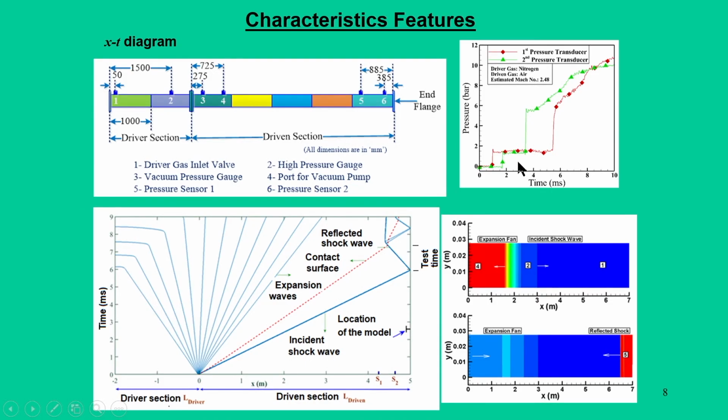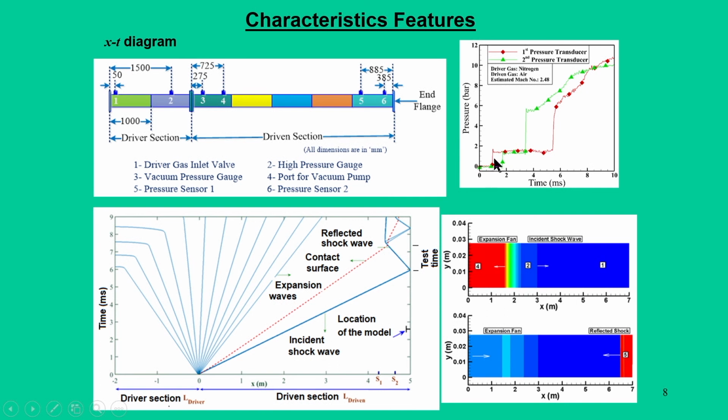This particular plot shows pressure transducers located in the driven section that measure the pressure jump across the primary shock and reflected shock. There are two pressure transducers, and each sees this rise in pressure. So, you can see how a sharp rise in pressure is felt by the gas.